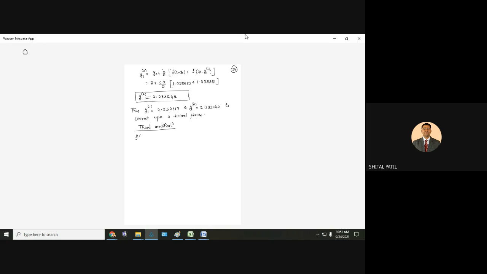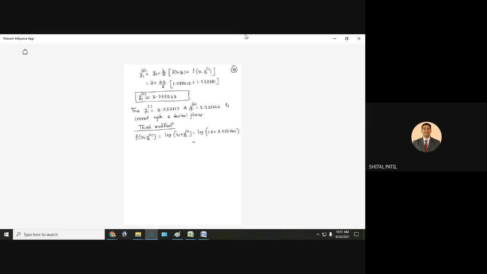For that, f of x1, y1 raised to 2 is required: log of x1 plus y1 raised to 2, which is log of 1.2 plus 2.23342.